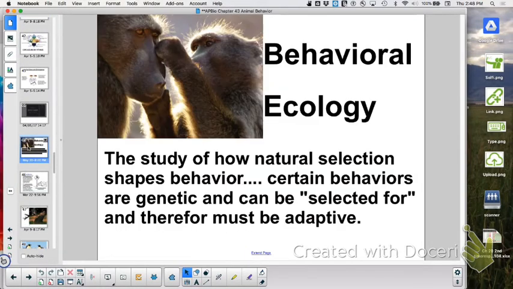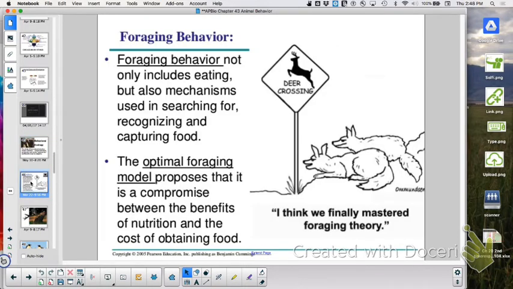Then we went into behavioral ecology and how natural selection can influence our behavior and what traits are selected for. Meaning if you exhibit this behavior, then you're more likely to survive and reproduce. One of those would be foraging behavior.